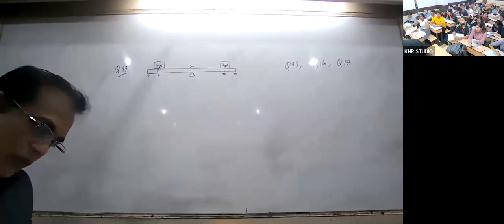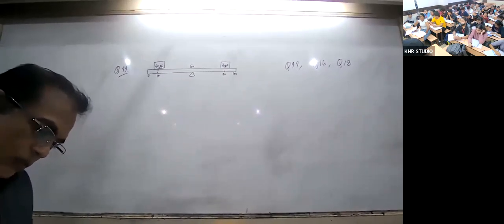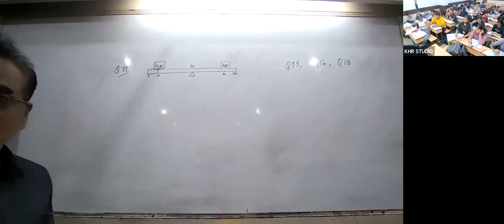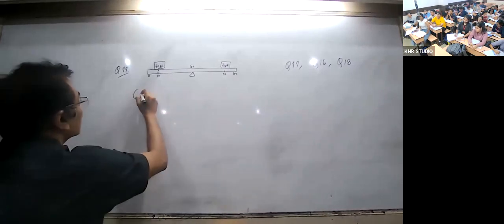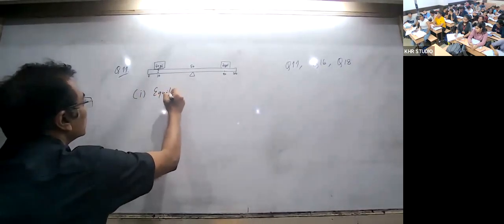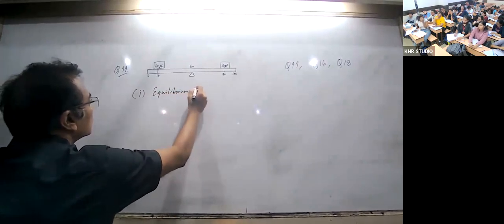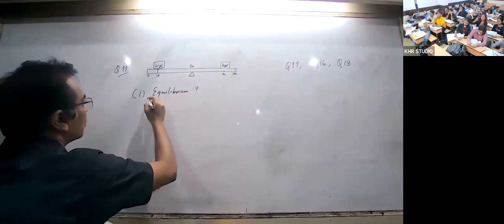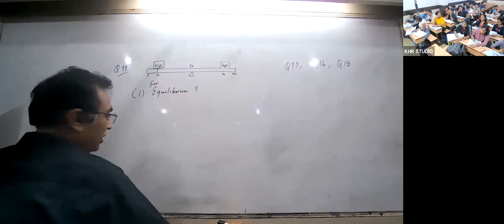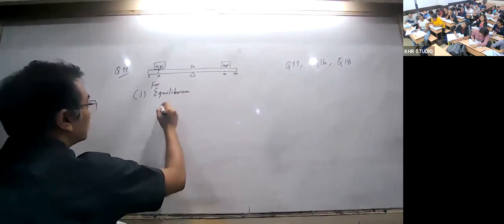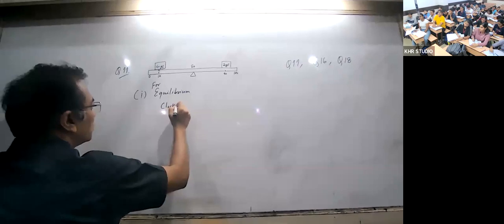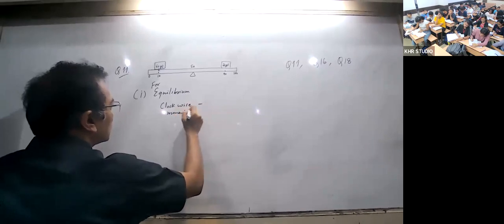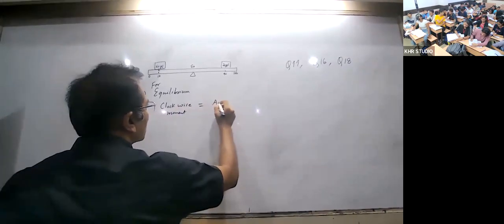Now what is our situation? Is the meter rule in equilibrium? That's the first question. For equilibrium, clockwise moment should be equal to anti-clockwise moment.